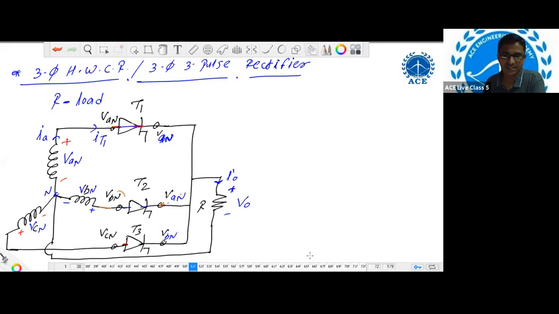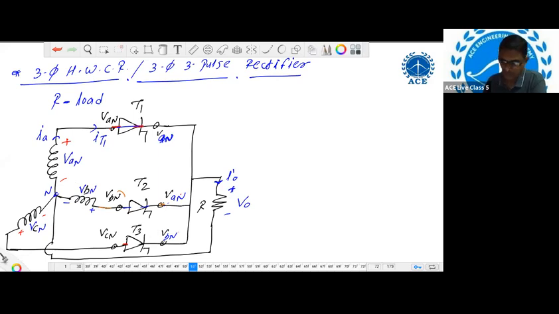In a three-phase half-wave uncontrolled rectifier the circuit is the same, only the three thyristors T1, T2, T3 are replaced by diodes D1, D2, D3. Here we require a 4-wire supply, so the transformer secondary should be connected in star only.